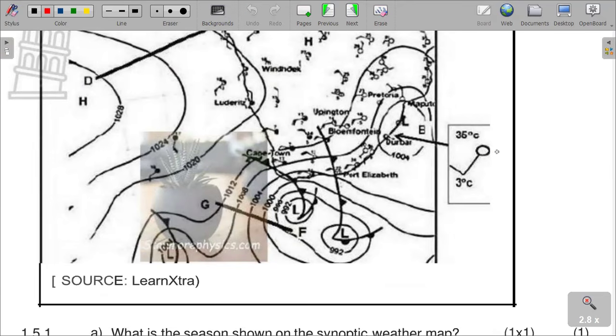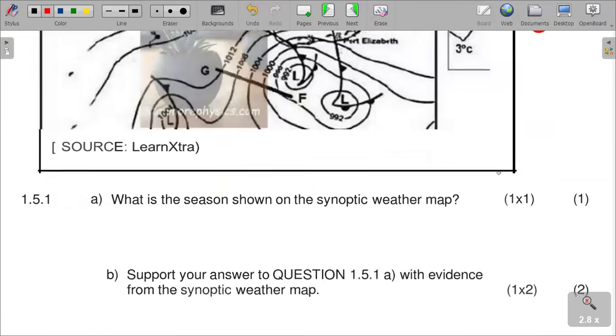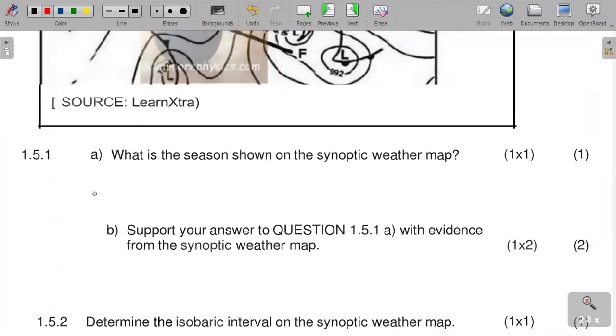We use cloud cover. Cloud cover can be used to identify seasons, and also the prevalence of the cold front and the position of it. So now, what season can this be?